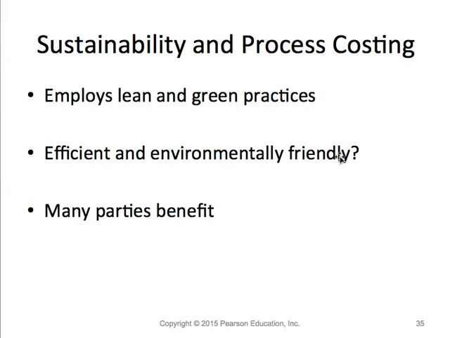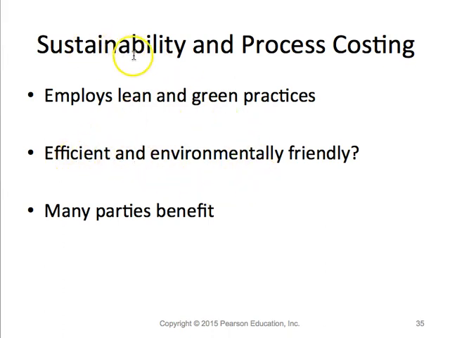So this is a little bit of readings in the book, so I'm not going to go through this too much. Sustainability and process costing, and it employs lean and green processes for sustainability here. Efficient and environmentally friendly, are they?